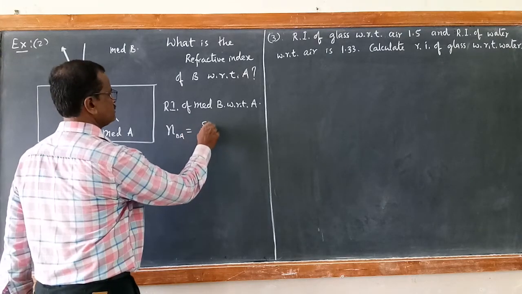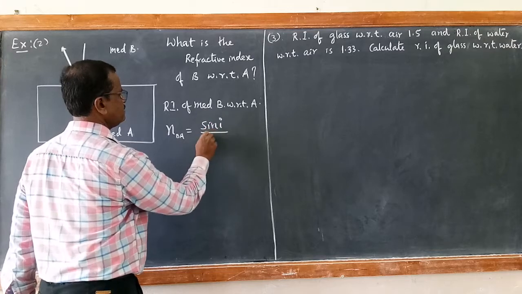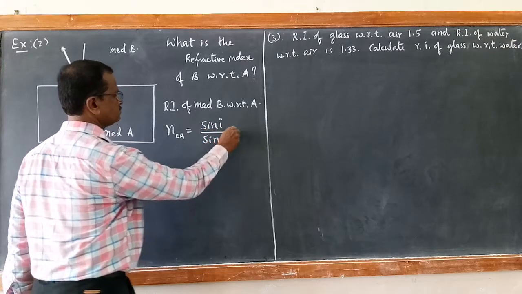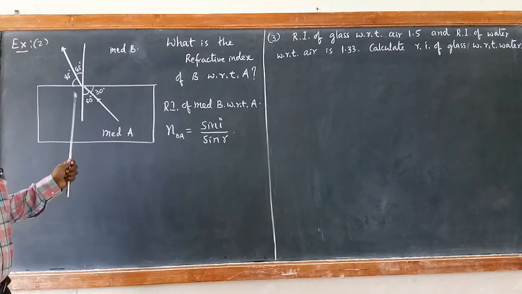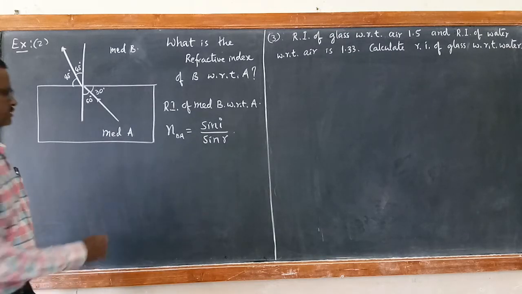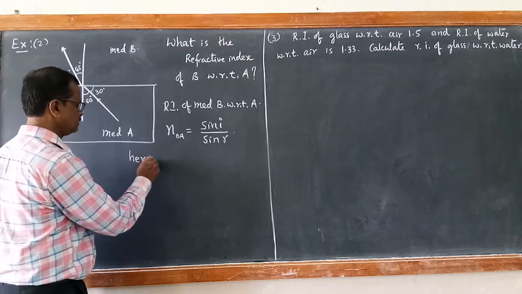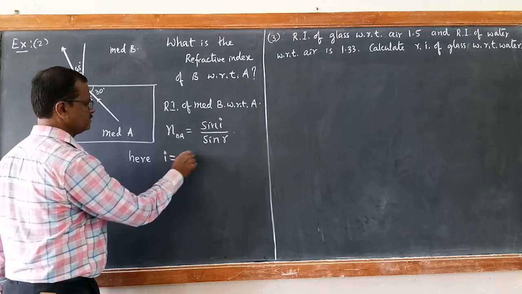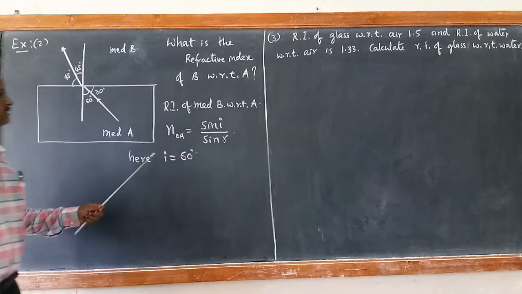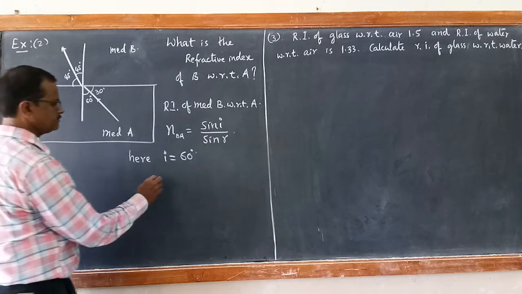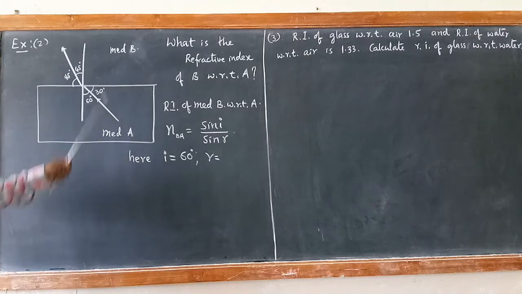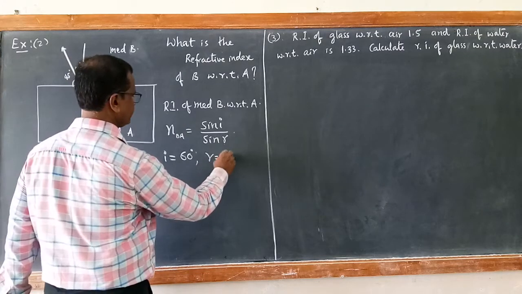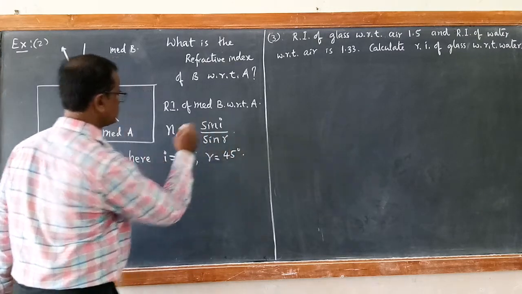That's equal to sin I by sin R. Look at this. What is I here? Angle of incidence here. First you have to figure out what is I. Angle of incidence 60 degree. What is R? Angle of refraction in the medium B. It is 45 degree. So just substitute.